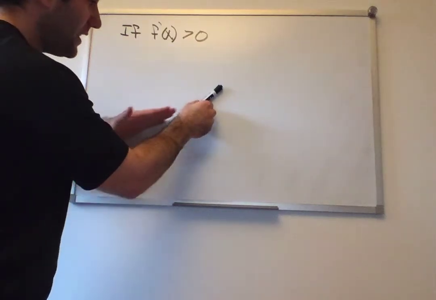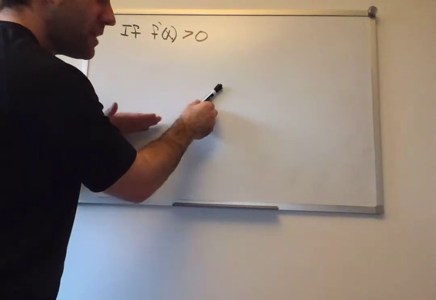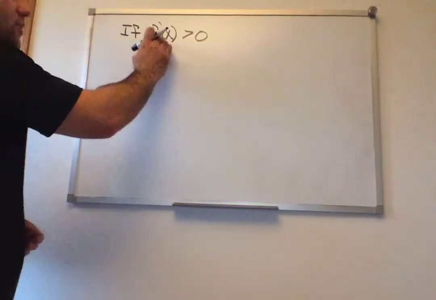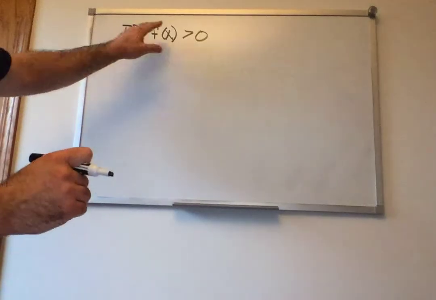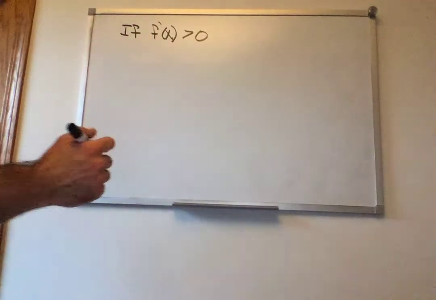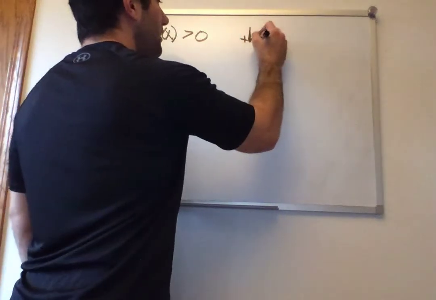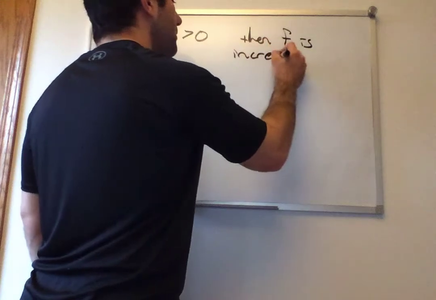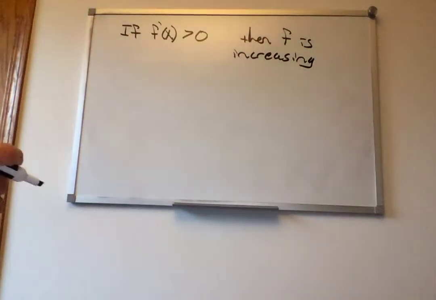So if you're traveling this way along some graph and they have positive slopes, that means you're going to be increasing along that interval that you have a positive slope. So if we read it one more time, if f prime of x is greater than 0 on an interval, then f is increasing. Again, on that interval, whatever the interval is.